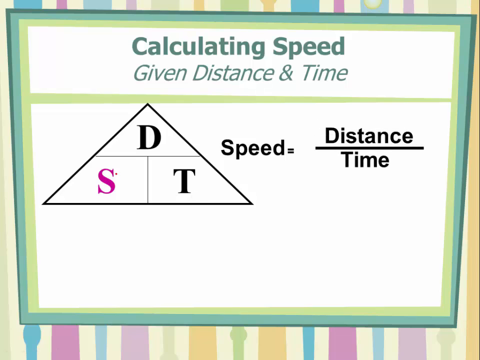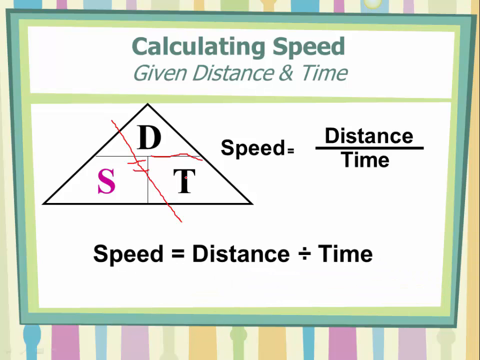So you can think of this as distance divided by time is going to give you speed. We're wanting to find speed, so therefore it must be distance over time as our equation. So speed is equal to distance divided by time.